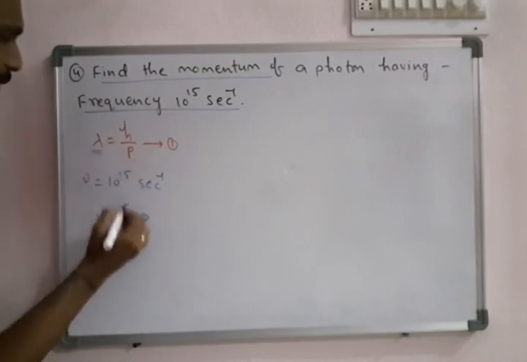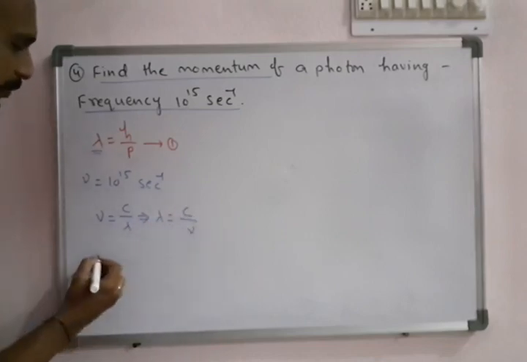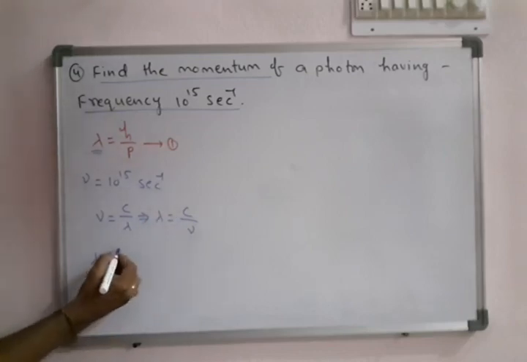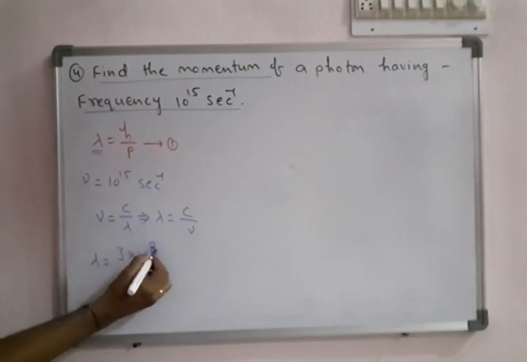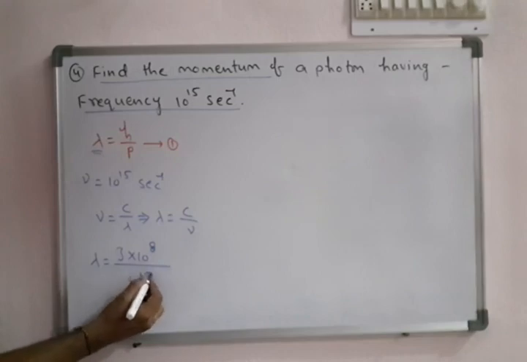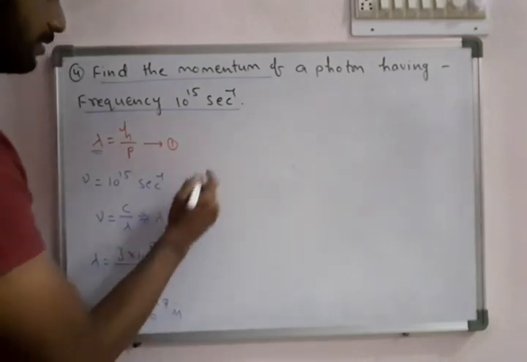We need to get lambda, so lambda equals c by nu. What is c? C means the speed of light. The frequency is 10 power 15. So here we get 3 into 10 to the power of minus 7 meters. Means lambda is 3 into 10 power minus 7 meters.